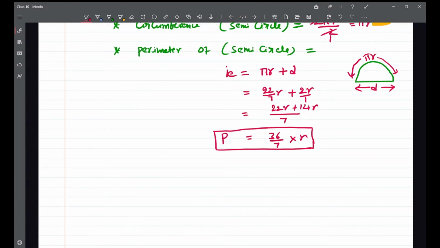Now we will see what is meant by ring. Ring nothing but area of shaded portion in the given concentric circles.